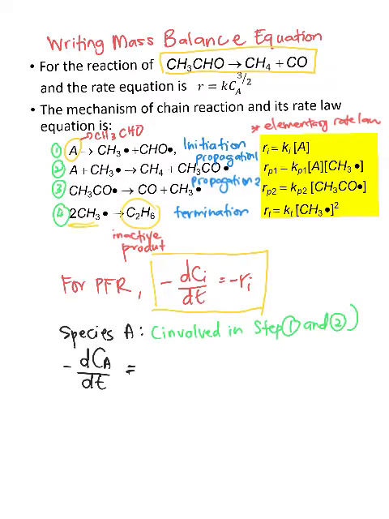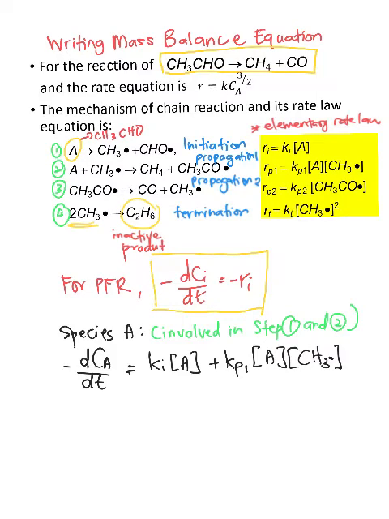So for species A, negative dCA per dt equal to Ki CA. And then in the second step, A also disappears, so plus Kp1 CA times CH3 radical.